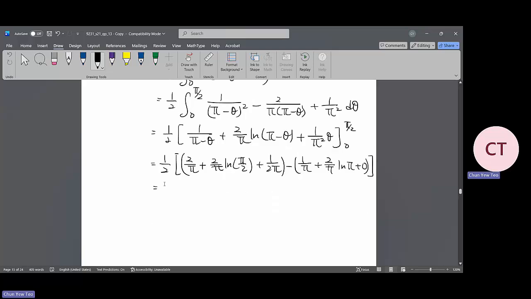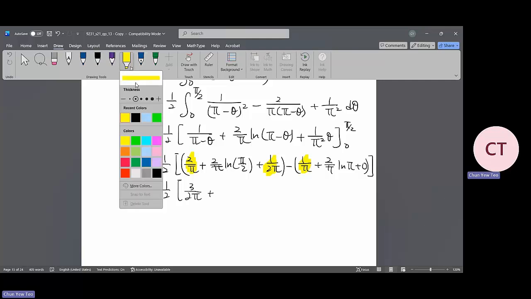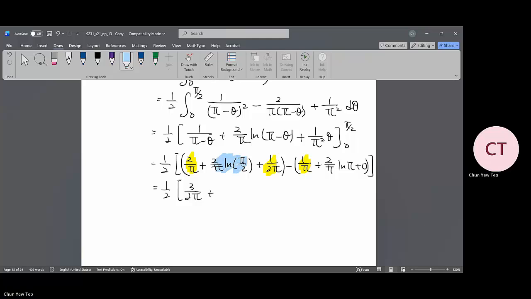Simplify them together. So you can see that this and this and this, they all can join together. So you will get this one as the 3 over 2 pi. Then for this, we shall combine them together by applying the law of logarithm. You have a 2 over pi and then ln half.